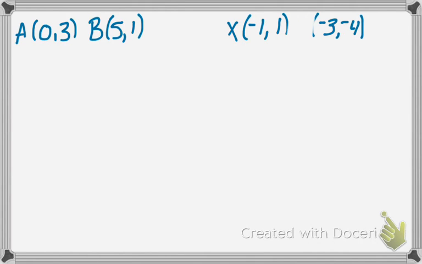Let's do something other than X and Y since we're dealing with points. Let's use E and F, just to avoid some confusion there. So I want to know, is segment AB congruent to segment EF?